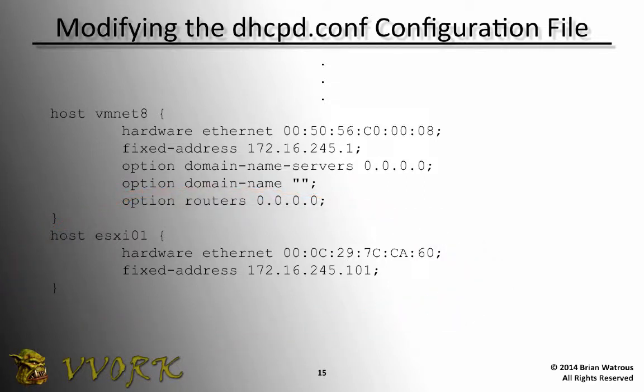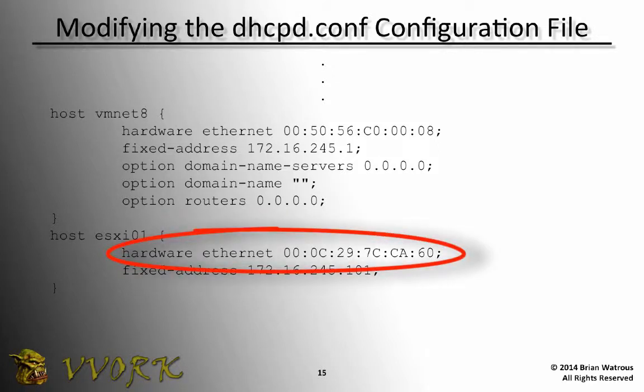For ESXi01, I went into the settings for the virtual machine in Fusion and looked at the network settings for this virtual machine. I found its MAC address, which is the one that I've listed here. So I took the MAC address that I found in the Fusion settings and plugged in the MAC address here.